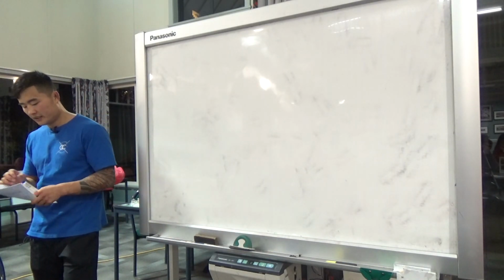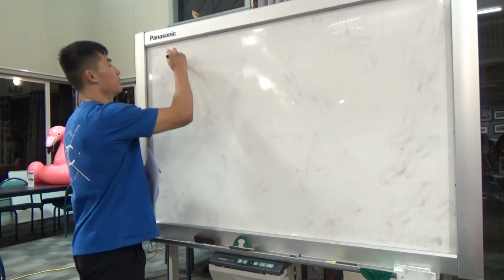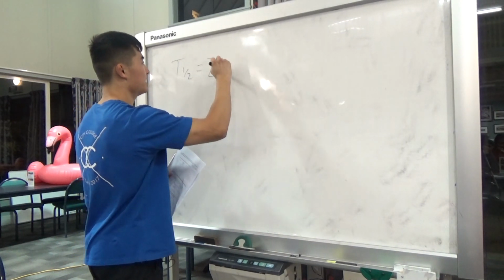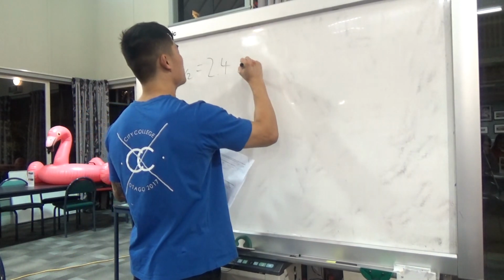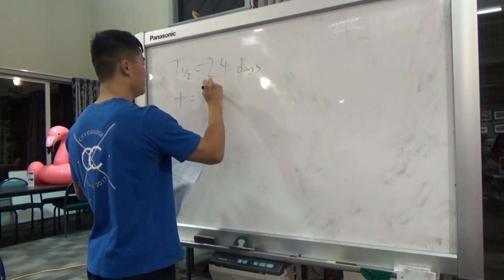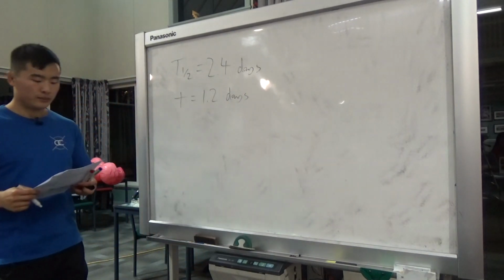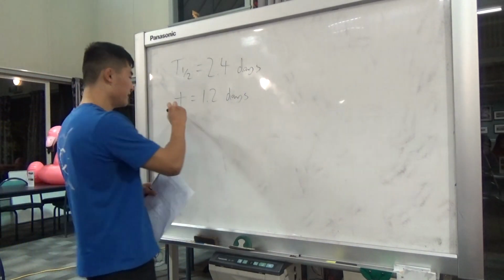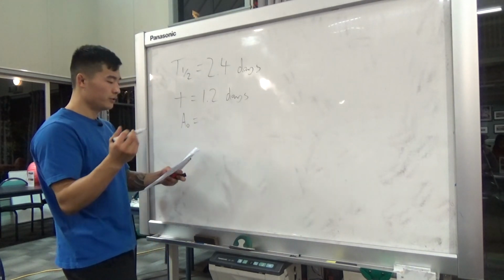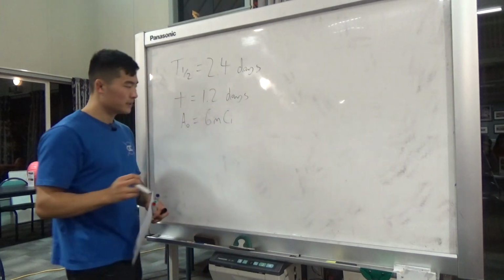So here we've been given the half-life. So the half-life is equal to 2.4 days. And the time that passes is equal to 1.2 days. And also you know that the initial activity, A0, is equal to 6 millicuries.